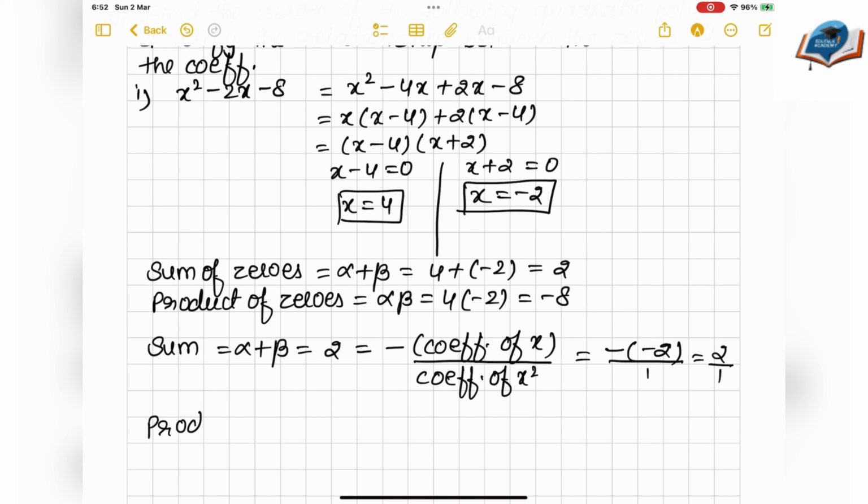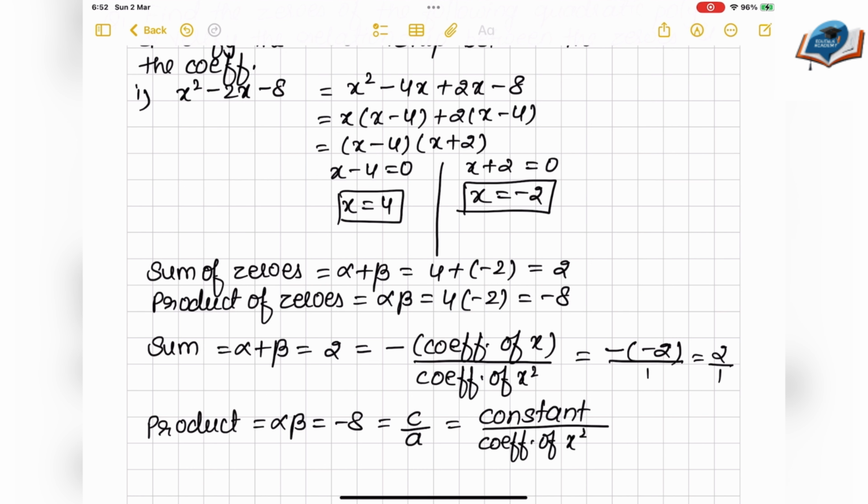And product alpha beta, which is equal to minus 8, which is equal to c upon a, which is equal to constant upon coefficient of x square. So the first one is done.